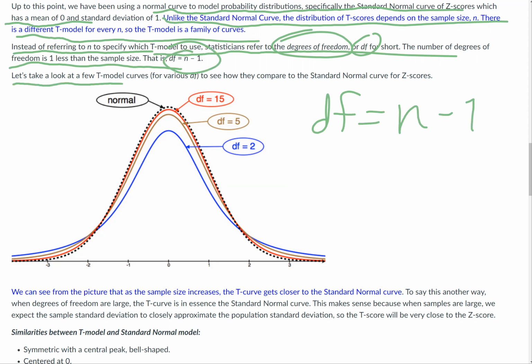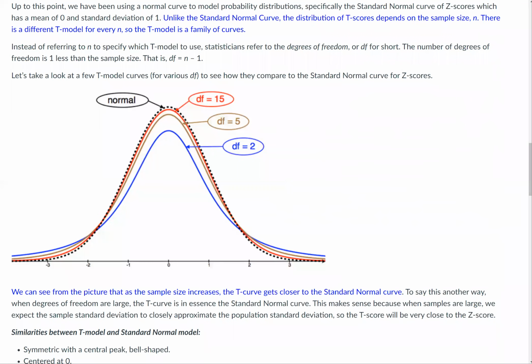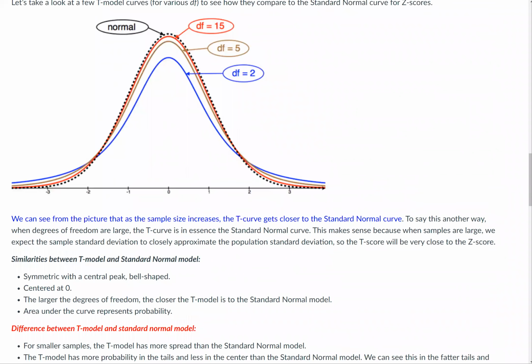Now let's take a look at a few t model curves for various values of df, the degrees of freedom, to see how they compare to the standard normal curve for z-scores. You can see there are a few different curves below in this model, and the peaks are higher the larger df goes. Notice for df equal 2, it's the blue curve, which has the shortest peak.